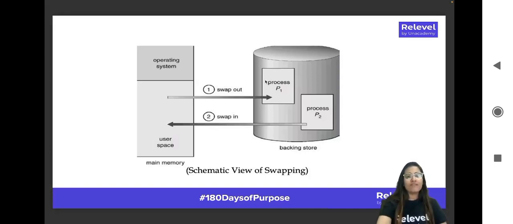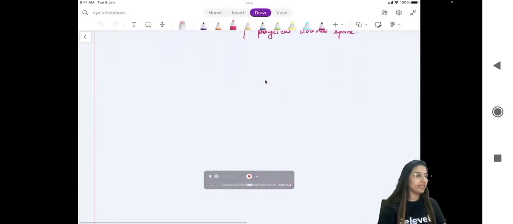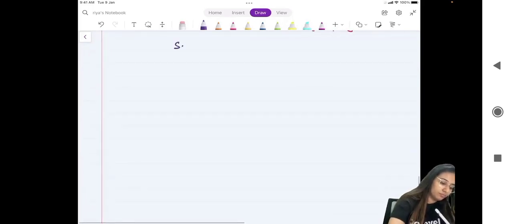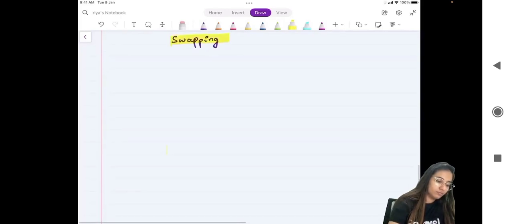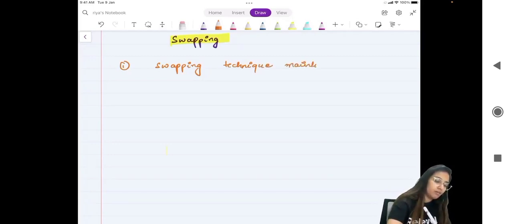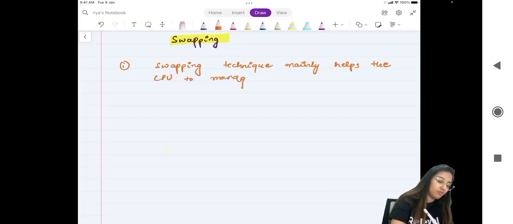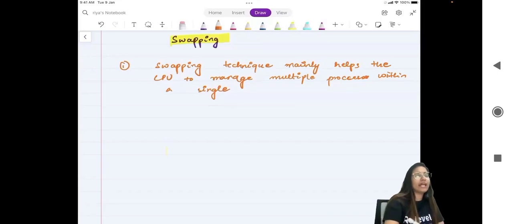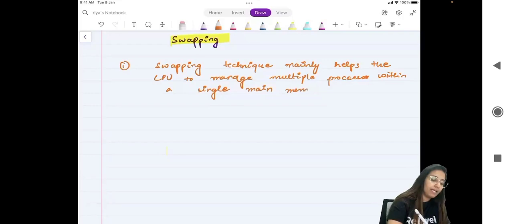Whenever we talk about the advantages of swapping as a technique, always remember that the swapping technique mainly helps the CPU manage multiple processes within a single main memory, because swapping helps you escalate the idea of running multiple processes in parallel.